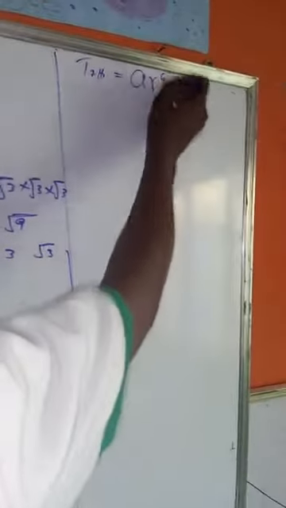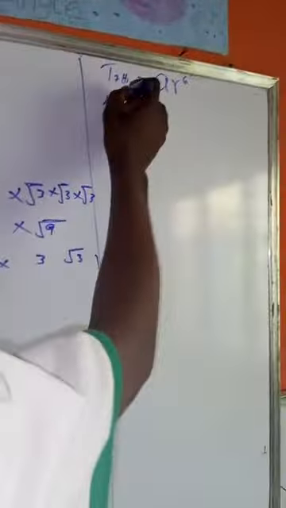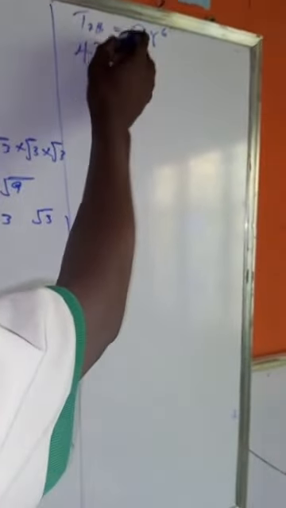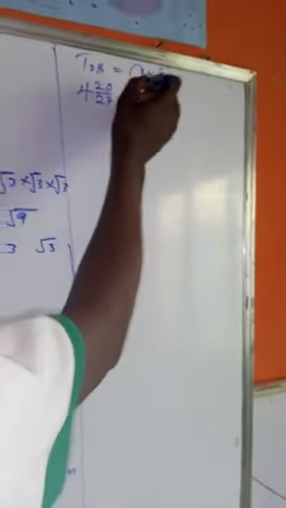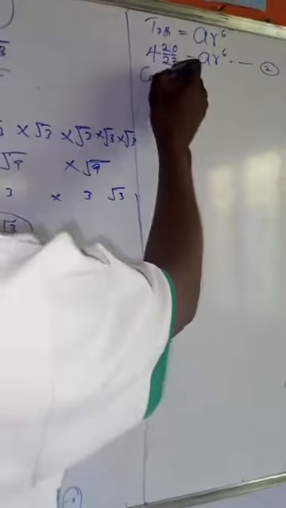Now let's look at the seventh term. It will be AR, we just reduce this one by 1. So the seventh term is 4 whole number 20 over 27. So it will be AR raised to power 6. Of course, this will now be our equation 2. So when you have multiplication, I want to combine the two equations now.